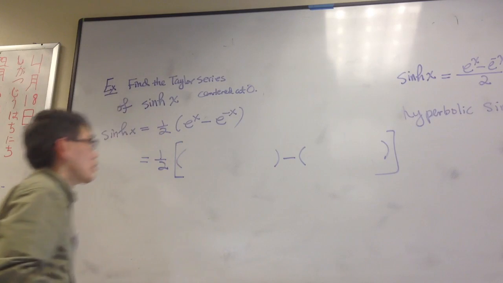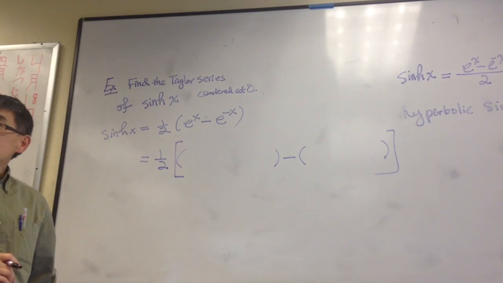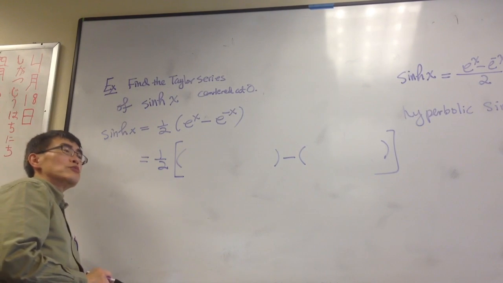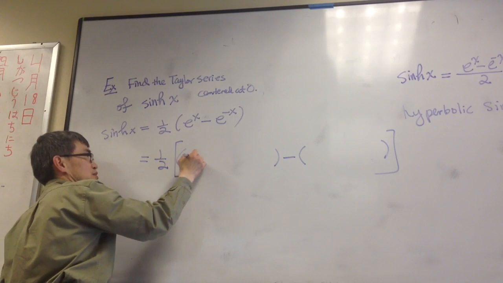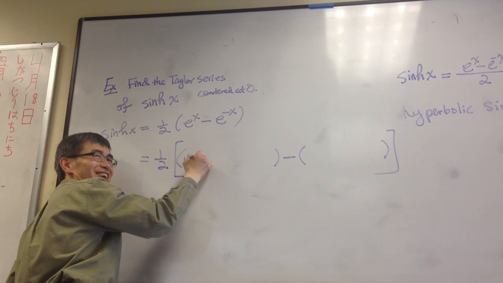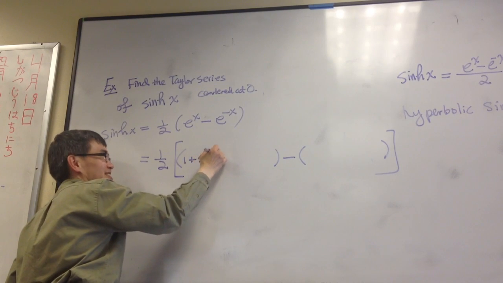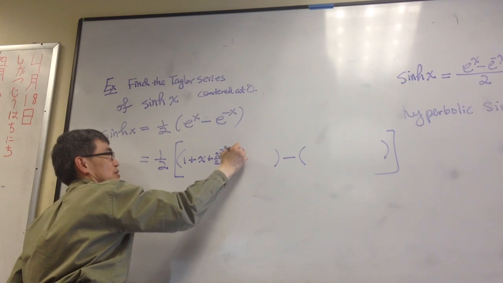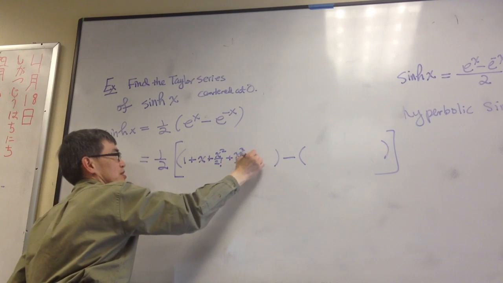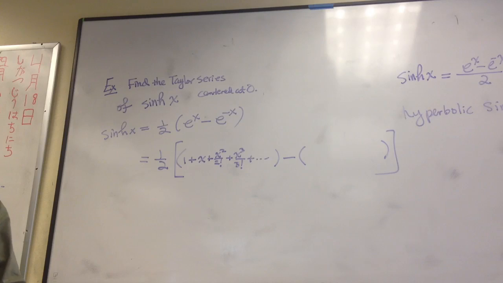Okay. What is the first one? e to the x. Can you represent e to the x as a power series in x? That's something that you have to answer immediately. Is that right? 1 plus x plus x squared over 2 factorial, x cubed over 3 factorial, and so on. That's e to the x. What is e to the negative x?